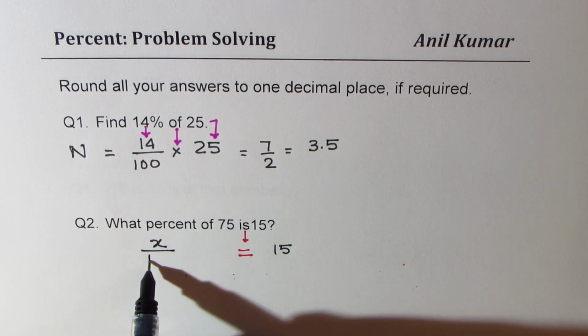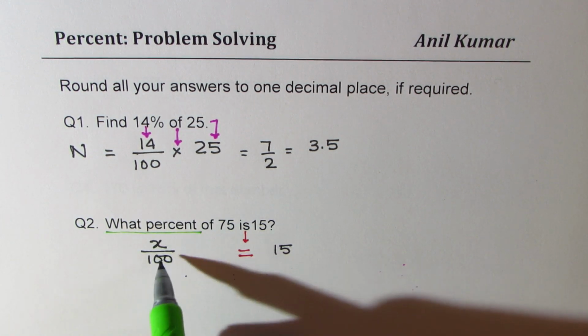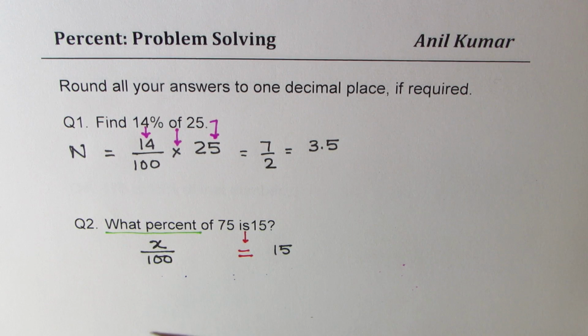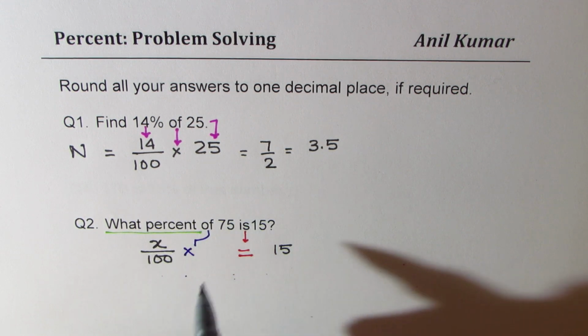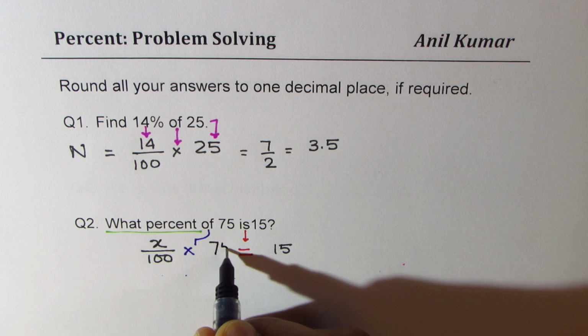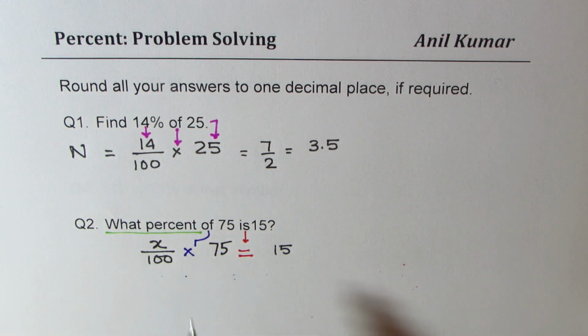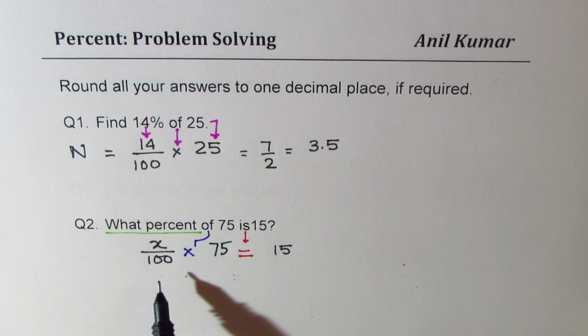So X over 100. Of means multiplication, and the number 75, of 75. Do you see that? So we just translate it in this form.